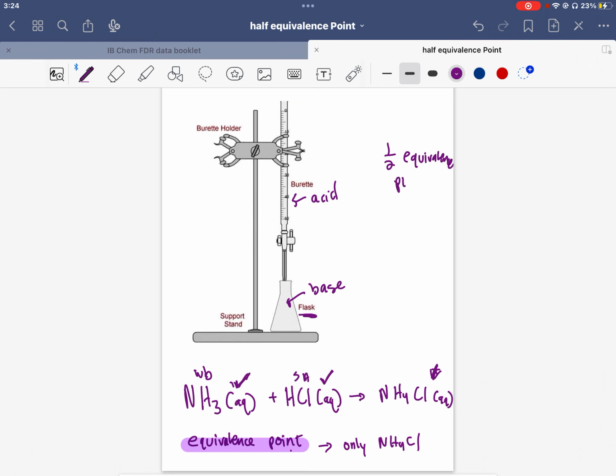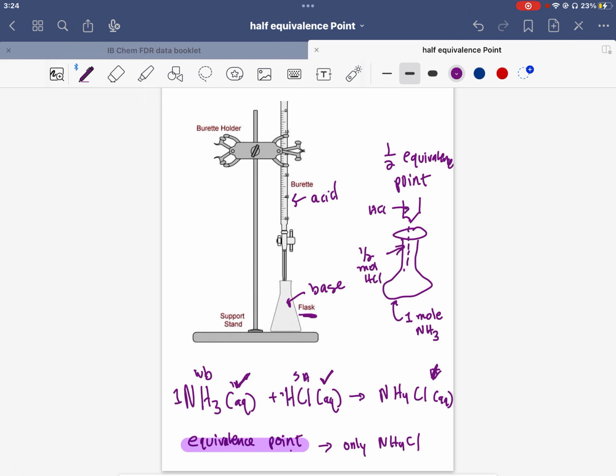All right, so let's think about the half equivalence point. Let's say I have in my flask, let's say I start with 1 mole of NH3, and let's say that here I start adding my HCl drop by drop, and let's think about the point when I've added half of a mole of HCl.